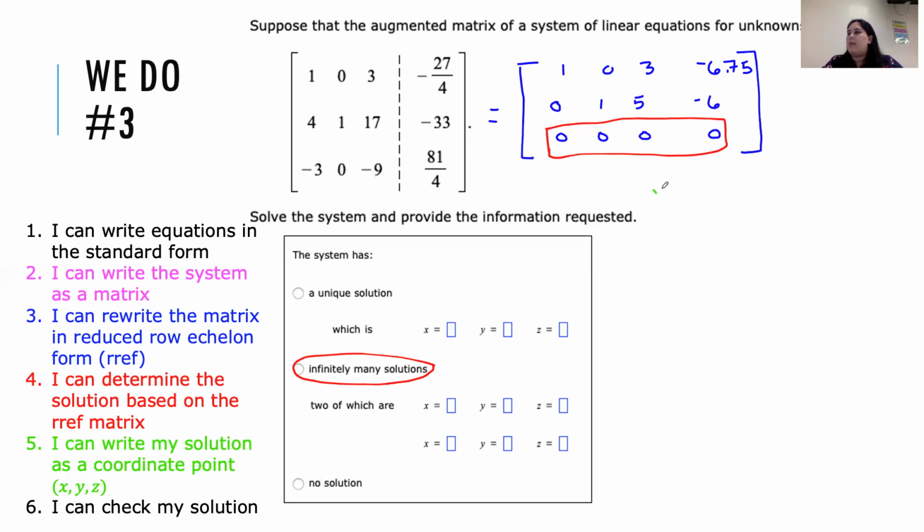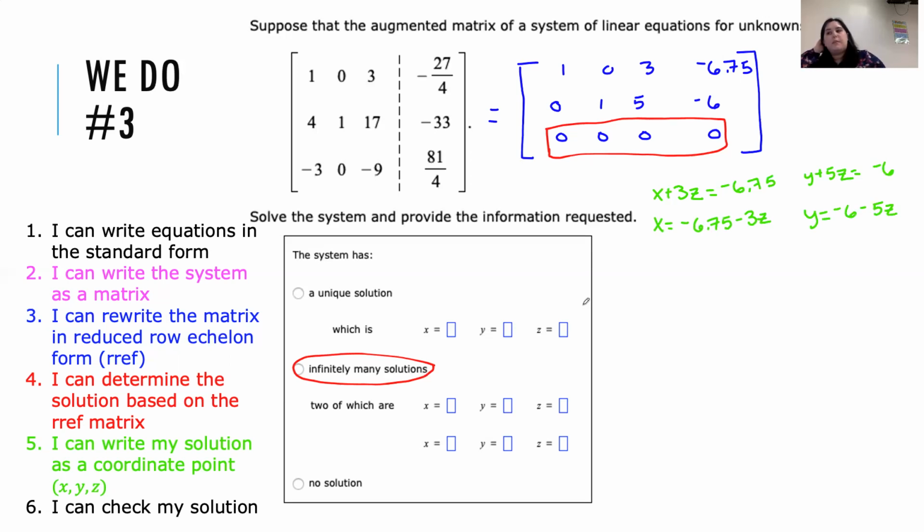I have x plus 3z equals negative 6.75. I can isolate x, and I get x equals negative 6.75 minus 3z. And for y, we get y plus 5z equals negative 6. When we isolate y, we get y equals negative 6 minus 5z.